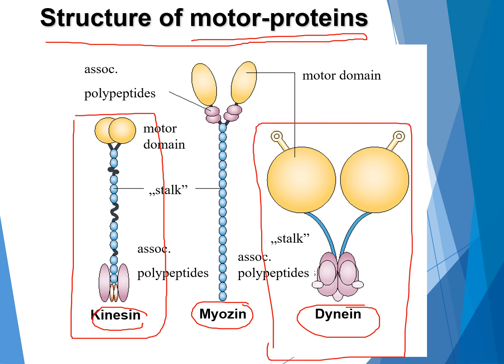This motor protein has the motor domain, and they also have the stalk or the shaft for the connection, and also the associated polypeptides which actually link to the vesicle. So the motor domain is the one that actually attaches to the microtubule.